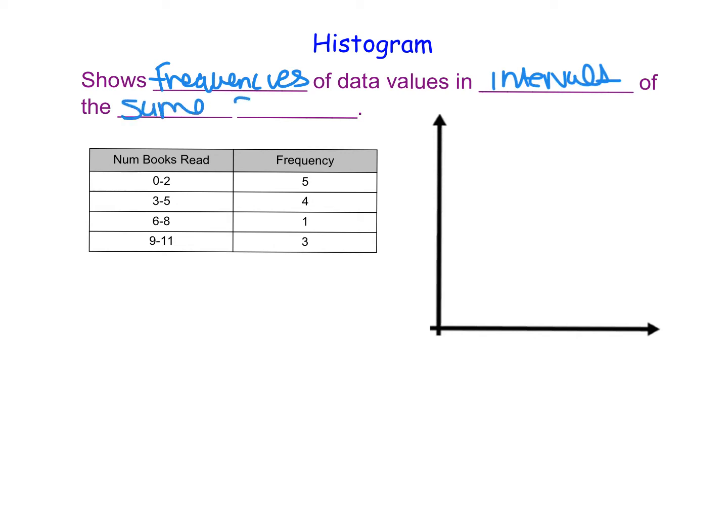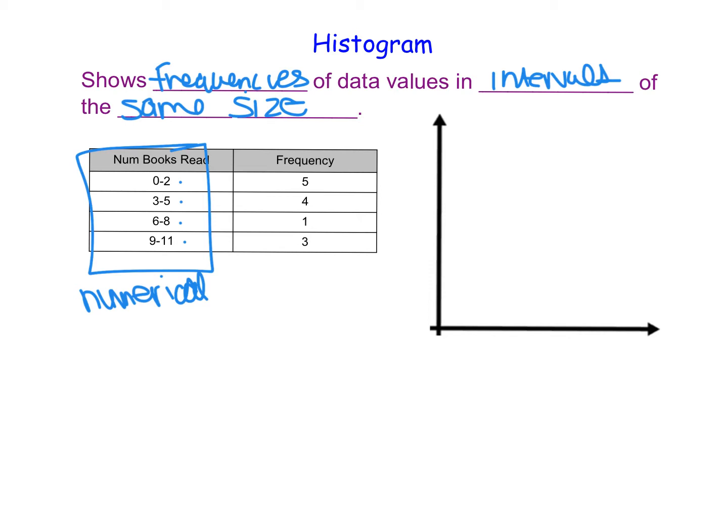So what you're going to notice about this histogram is that all of the categories are the same size. Notice they each encompass 3 numbers, and these categories need to be numerical categories. So a bar graph has non-numerical categories, histograms have numerical categories, and they are all the same size.